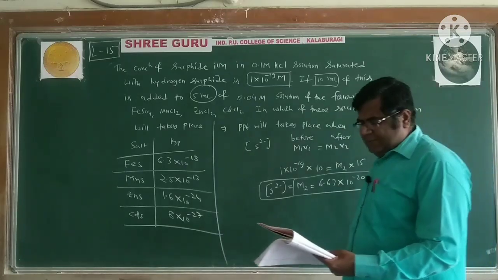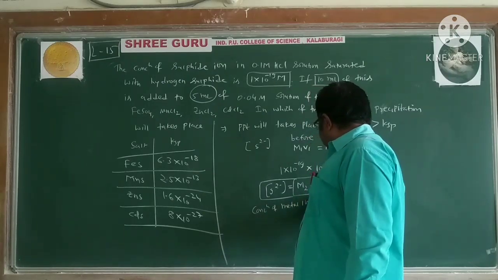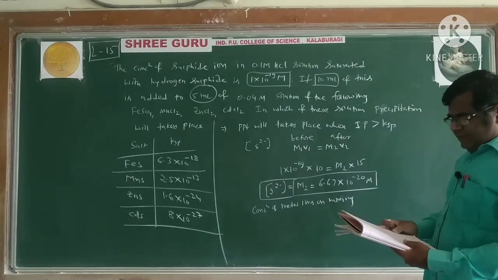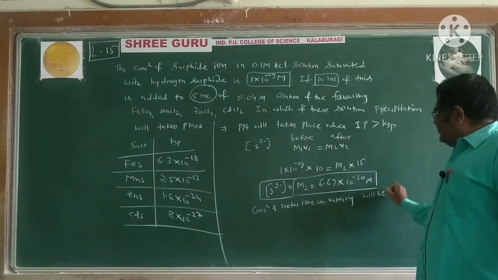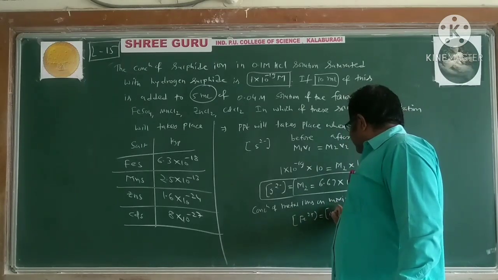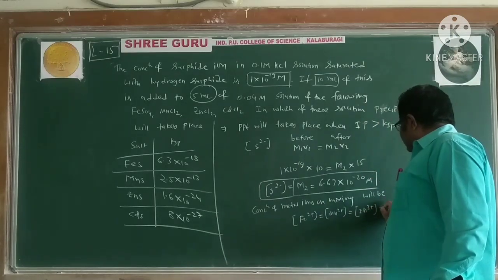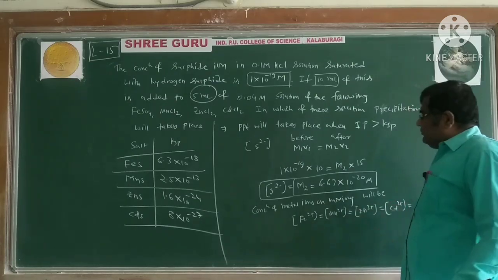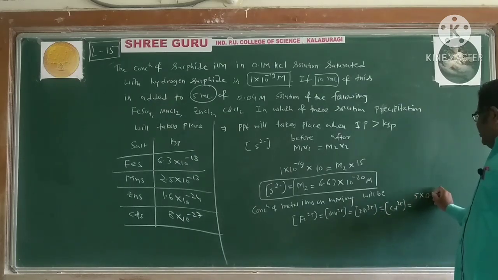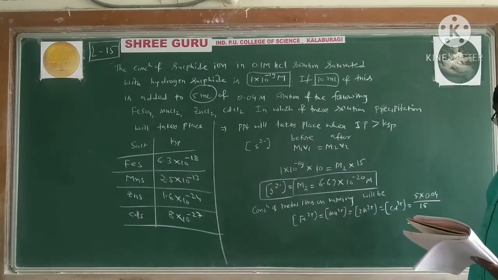Now we can say concentration of metal ions on mixing will be concentration of Fe plus 2 equal to concentration of Mn plus 2, because all they are divalent, Zn plus 2 and Cd plus 2, is equal to 5 milliliter times 0.04 divided by 15. 15 because 10 plus 5 milliliter solution.